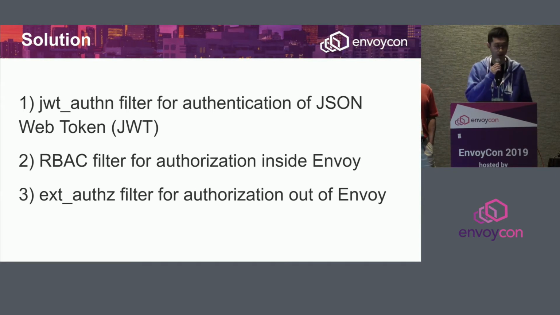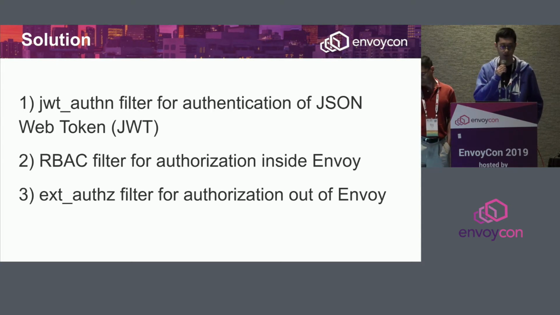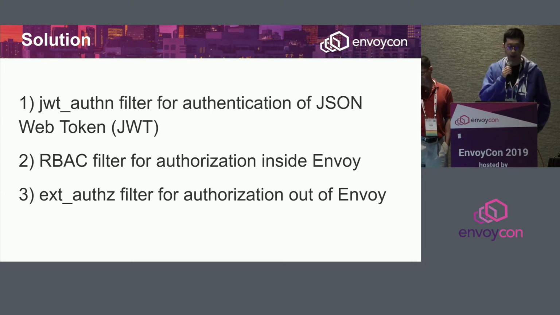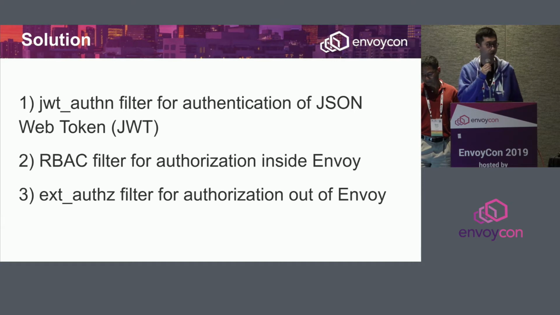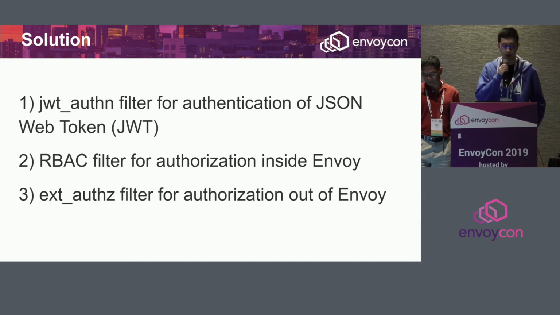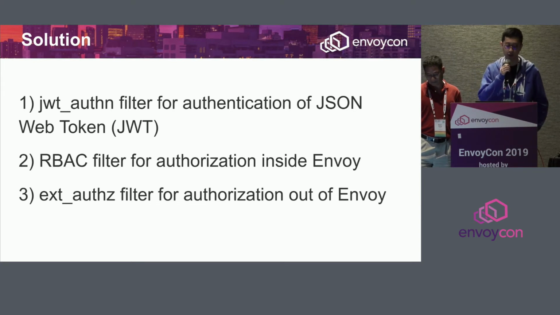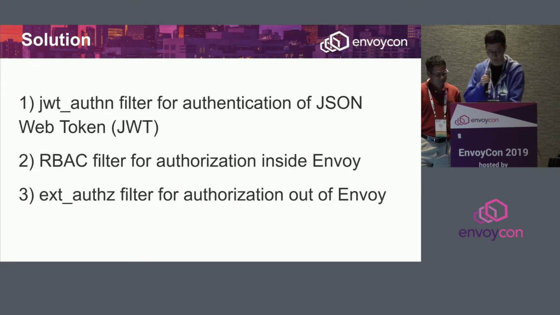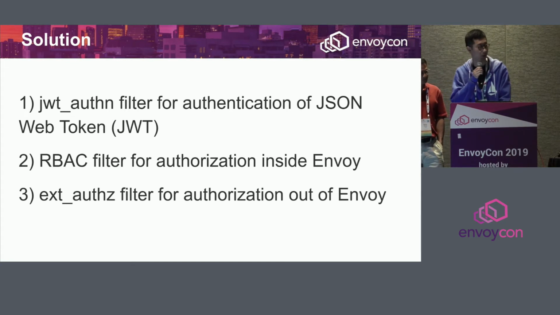We will talk about the JWT filter for authentication of JSON Web Token, and two other filters for the authorization. The RBAC filter does the authorization right in Envoy, and the external authorization filter does the authorization out of Envoy. We will also talk about some example use cases and the caveats about using these filters.